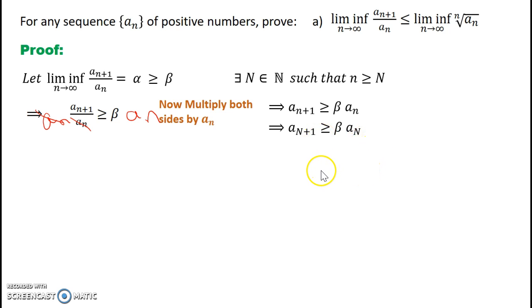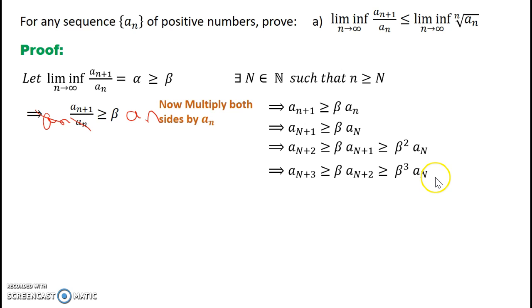We can manipulate this even further by making each side just a little bit larger, which will imply that A sub n plus 2 is greater than or equal to beta times A sub n plus 1. And both of these will be greater than or equal to beta squared times A sub n, since beta again is a very small number, and squaring a very small number produces an even smaller number.